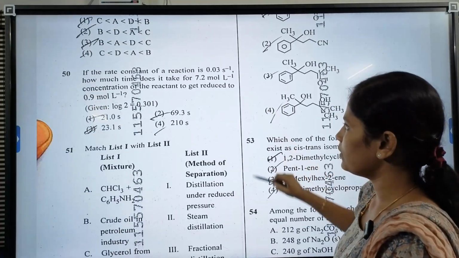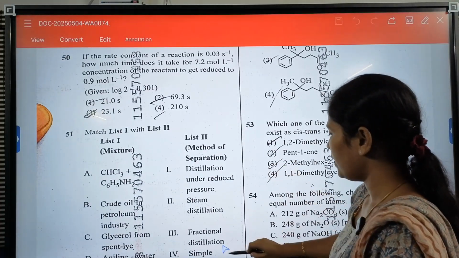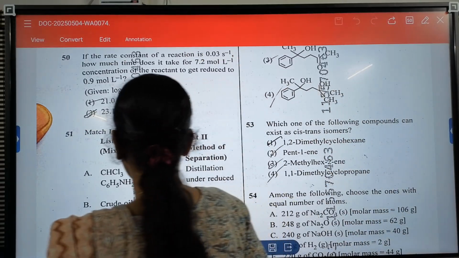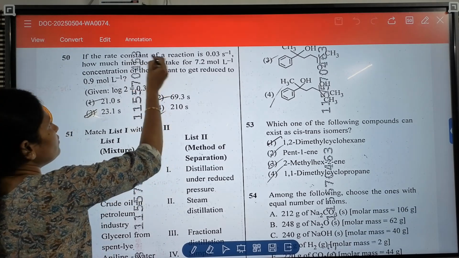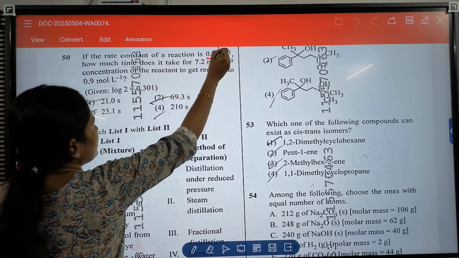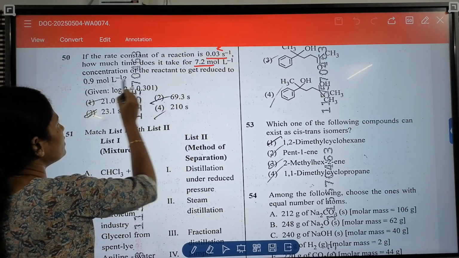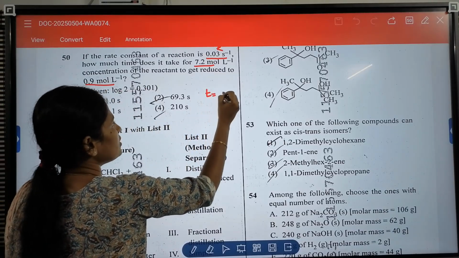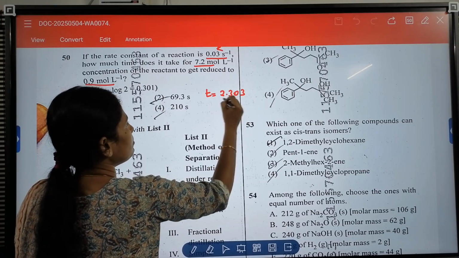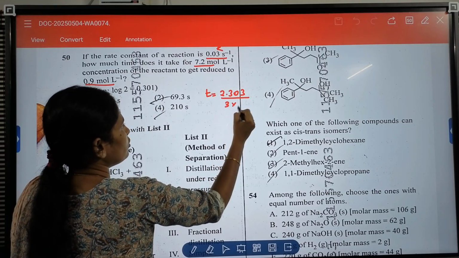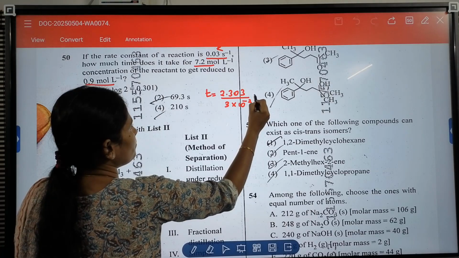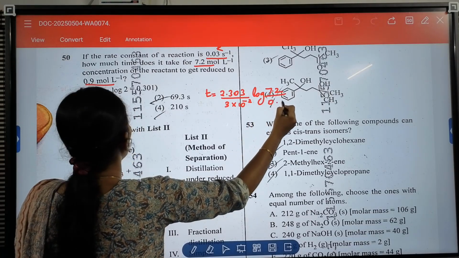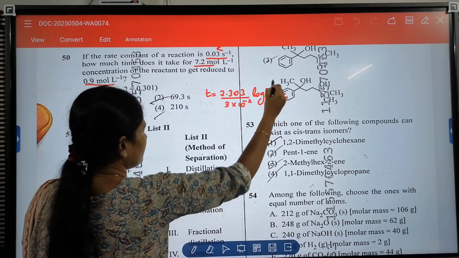Next question number 50. It's a simple, direct question from the kinetics part. The rate constant K is given, with the initial concentration and the concentration at a particular time. We are going to find out the time. So that is 2.303 divided by K, 3 into 10 to the power of minus 2, into log of initial concentration 7.2 over 0.9. So we can cancel it, it is 8.